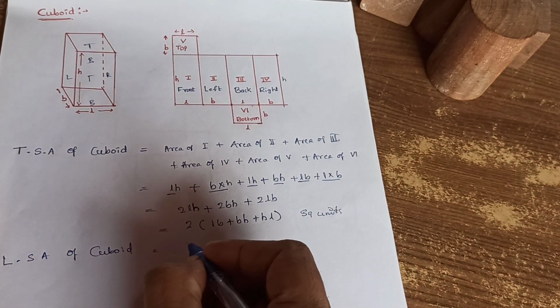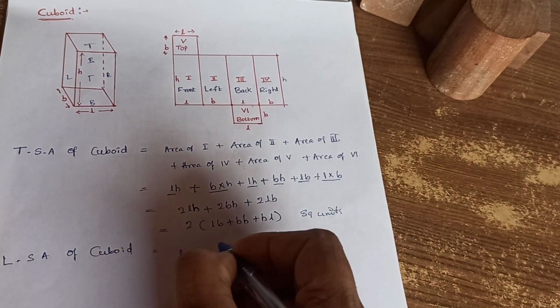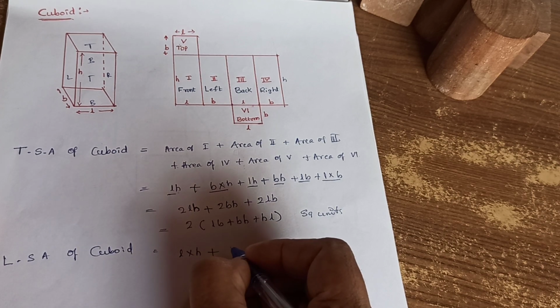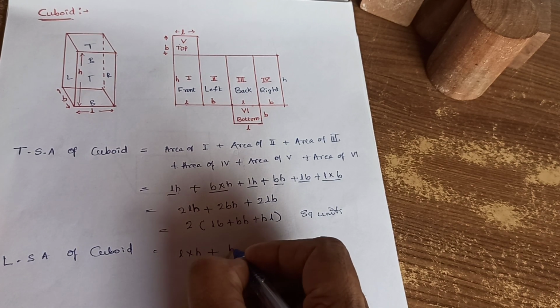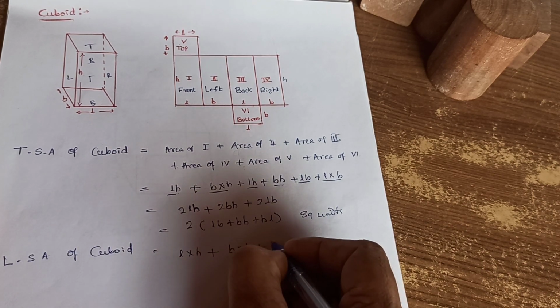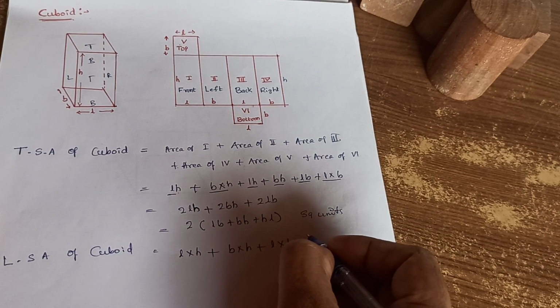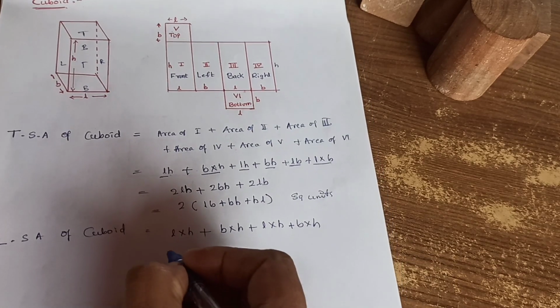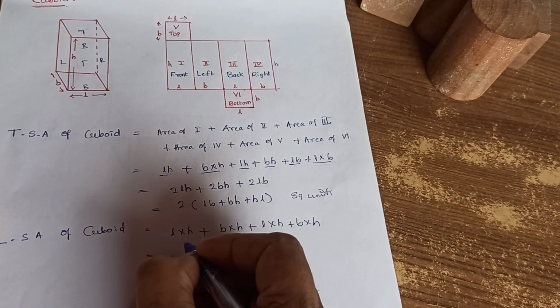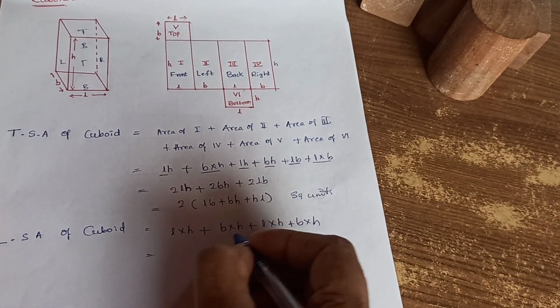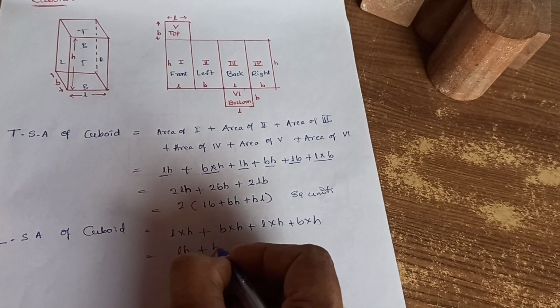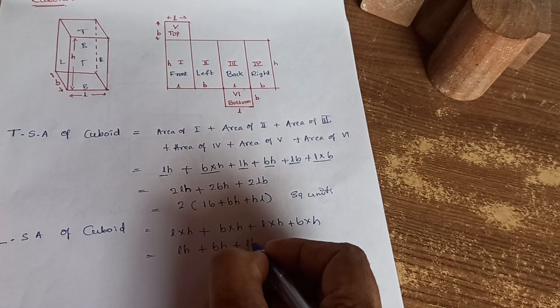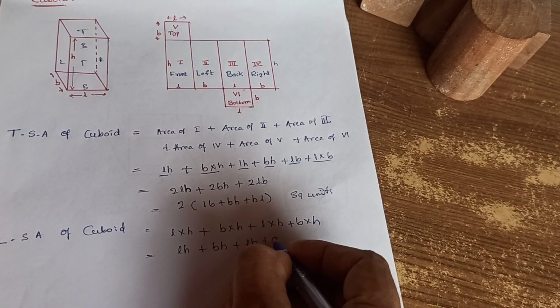The first one is L into H, plus second one B into H, third one L into H, fourth one B into H. So LH plus BH plus LH plus BH.